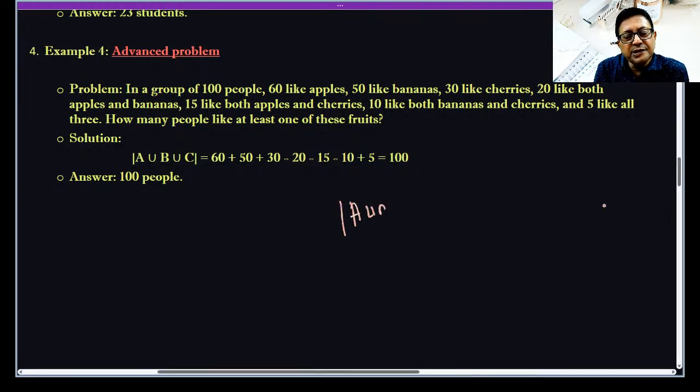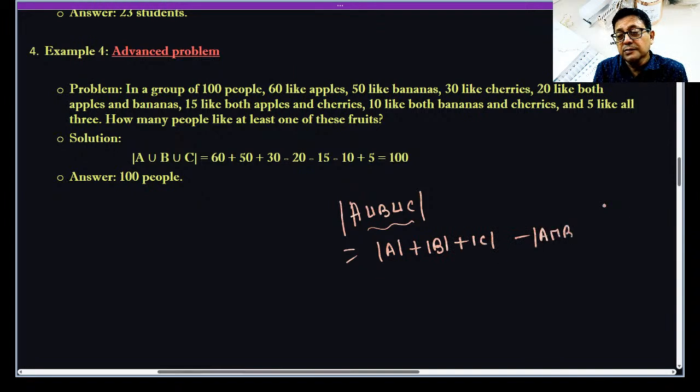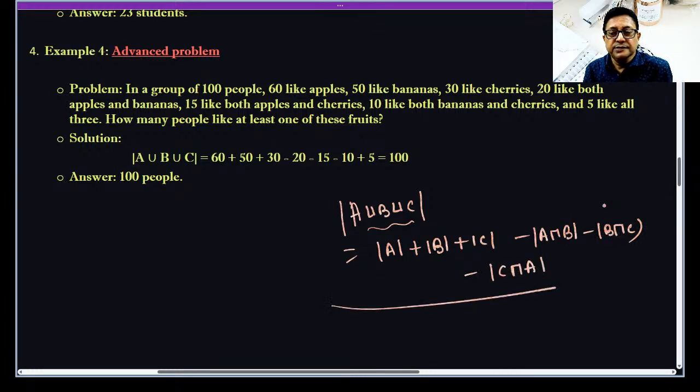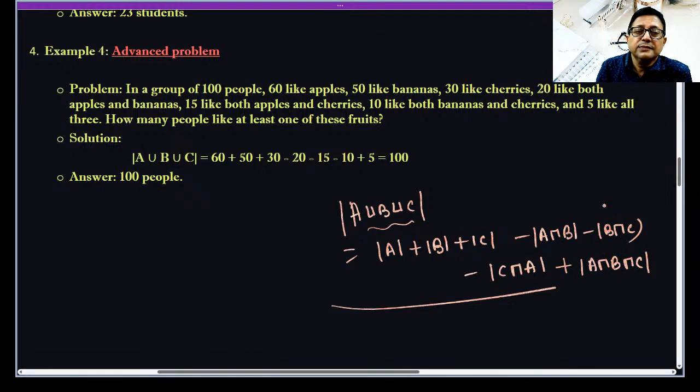This is a direct application of this formula. Cardinal number of the union, from there, C intersection A. This plus cardinal number of, okay.